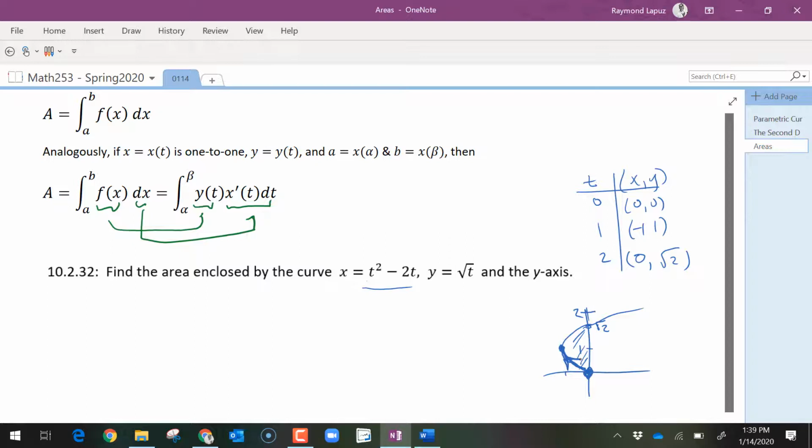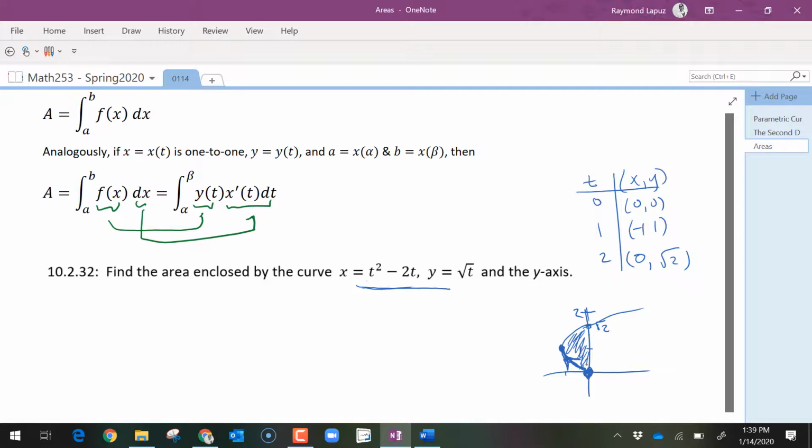Yeah. So what function is above the curve or the y-axis? Well, they say the area enclosed by the curve and the y-axis, so this must be the area that we're looking for, right? So we can try to figure out what that curve is, and then write it as a function: y is a function of x, or x is a function of y. But let's actually use the derivative.